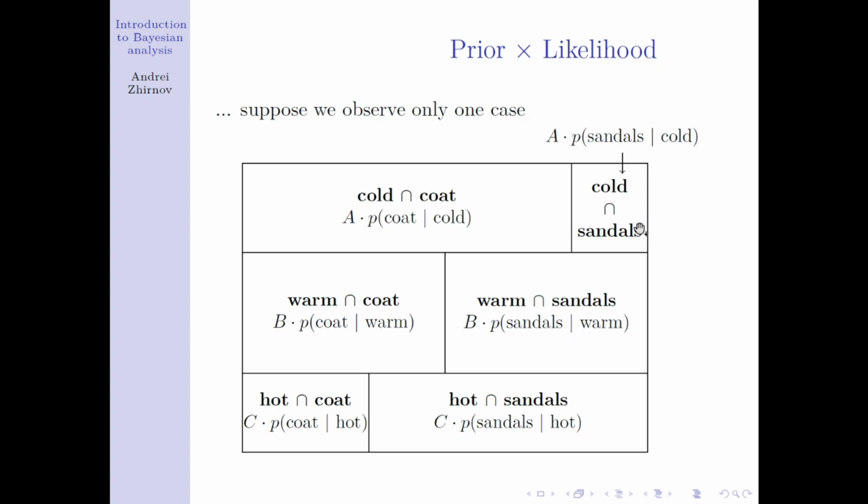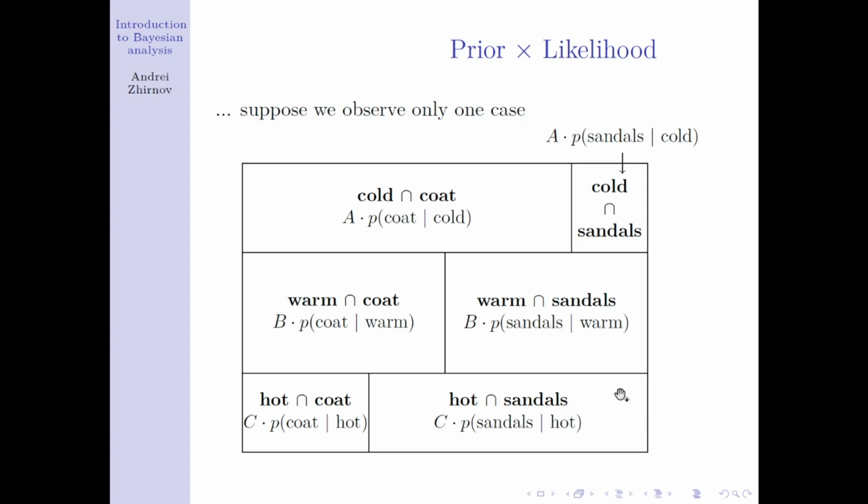So we can break down the universe of all possibilities into the events according to our beliefs about it being cold outside, and the rule that people would adopt as they decide what to wear given the weather outside.